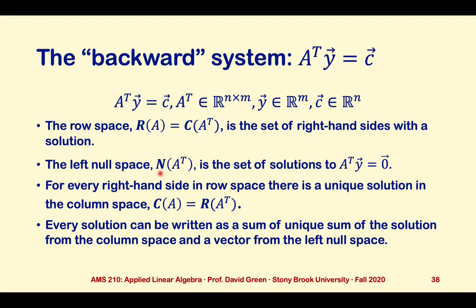Exactly as we had for the forward system, for every right-hand side that has a solution, that is every right-hand side in the row space of A, the column space of A transpose, there is a unique solution that is in the column space of A. And every solution for a right-hand side in the row space can be written as a unique sum of this unique solution from the column space and a vector from the left null space.